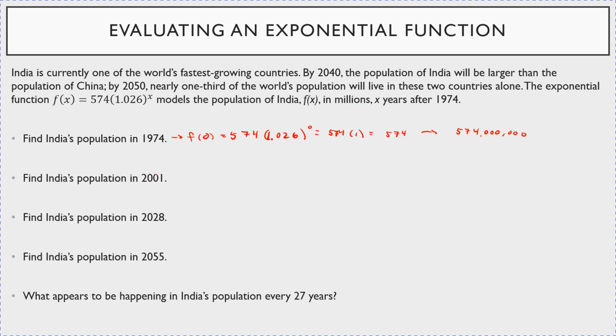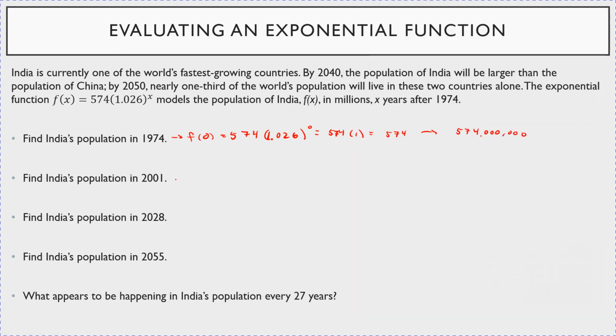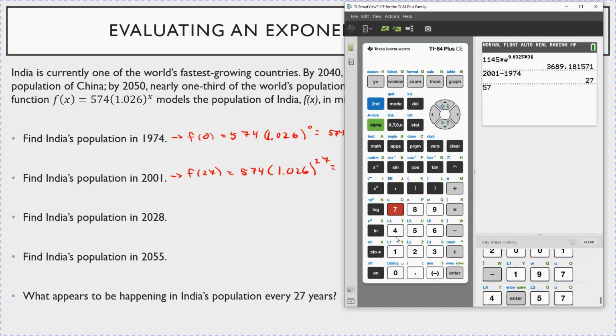All right, 2001. So how many years is that since 1974? Look, it's 27. So you're going to take 27 and plug this in. So let's grab our trusty calculator here. 574 times 1.026, and I'm going to raise that to the 27.